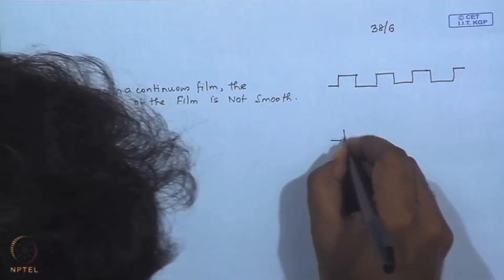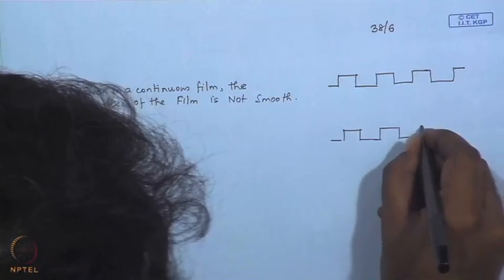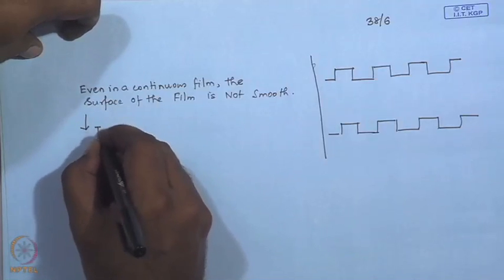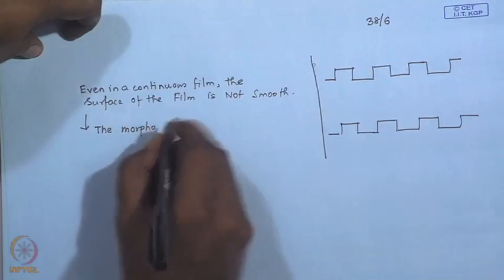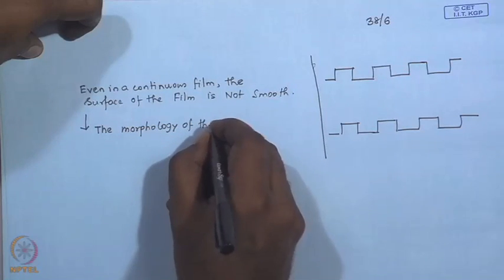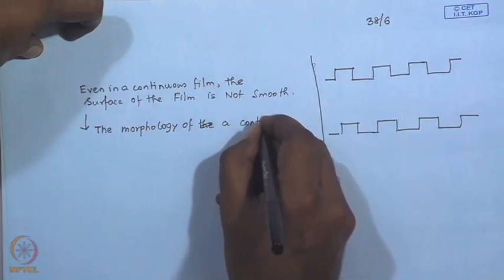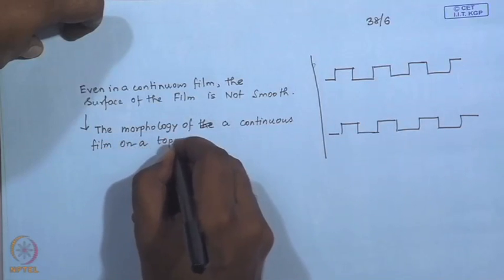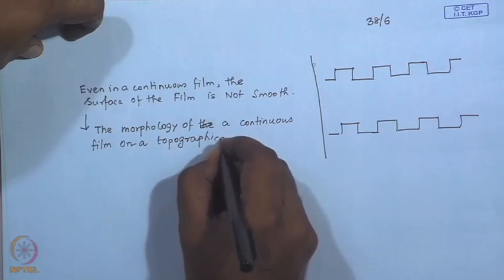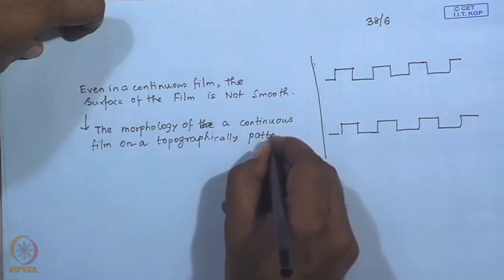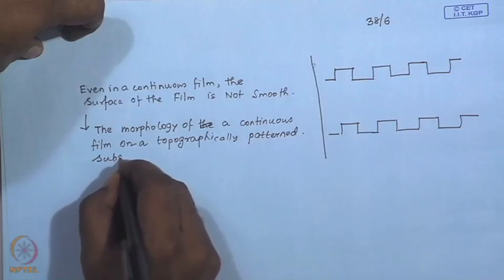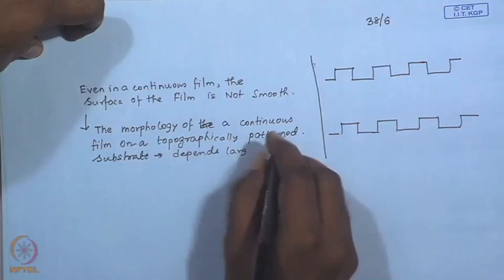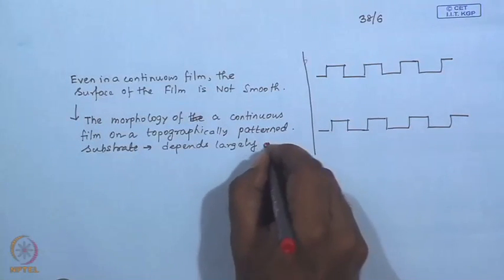And in fact, what we get, the morphology, this we have very briefly talked about, the morphology of a continuous film on a topographically patterned substrate depends largely on the wettability of the substrate.